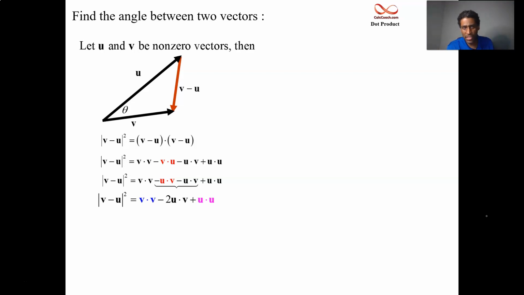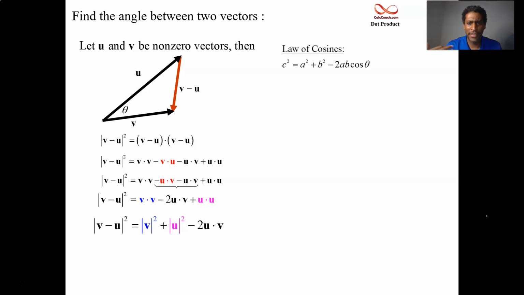We have the magnitude of v squared plus the magnitude of u squared minus 2 times the dot product between u and v. Still is not connected to angle yet. This is just something in general about vectors representing the sides of triangles. Nothing here yet.